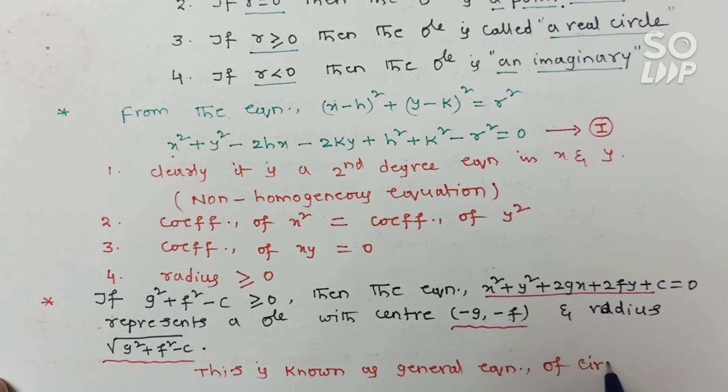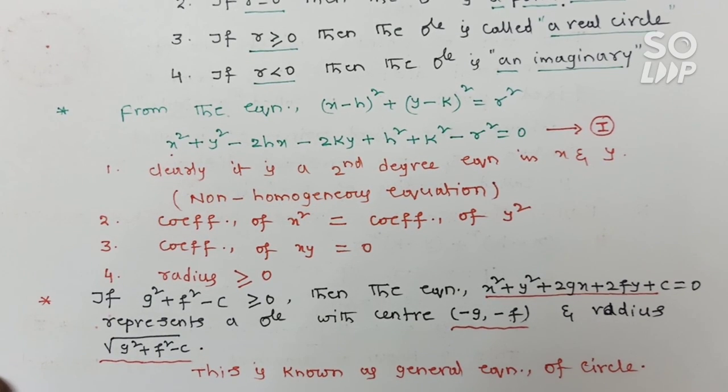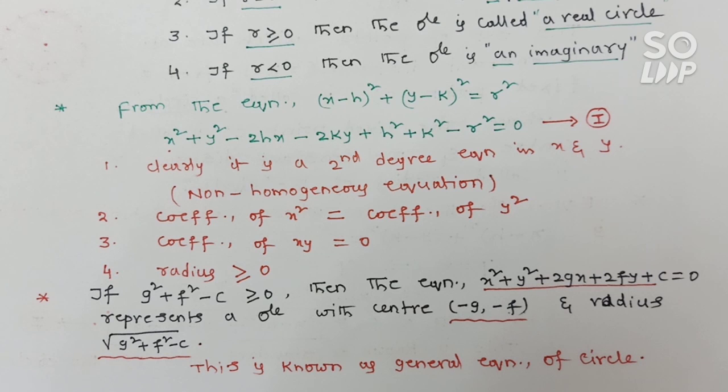So while doing problems, if I want the equation of any circle, we will write it in the general form. What is the general equation of the circle? x square plus y square plus 2gx plus 2fy plus c is equal to 0.